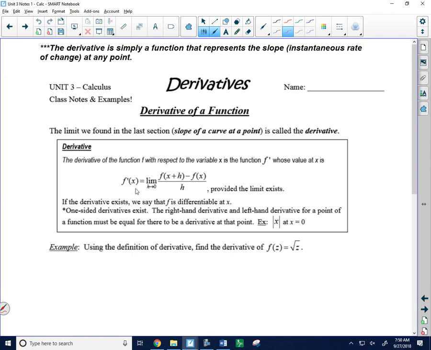So anyways, I'm going to be on page 5 and 6, and I just want to talk about what a derivative is. And based on stuff we just did the past few days, derivative isn't new. I just haven't called it a derivative yet. The derivative is the function we found in that last section or two that represents the slope at any point.